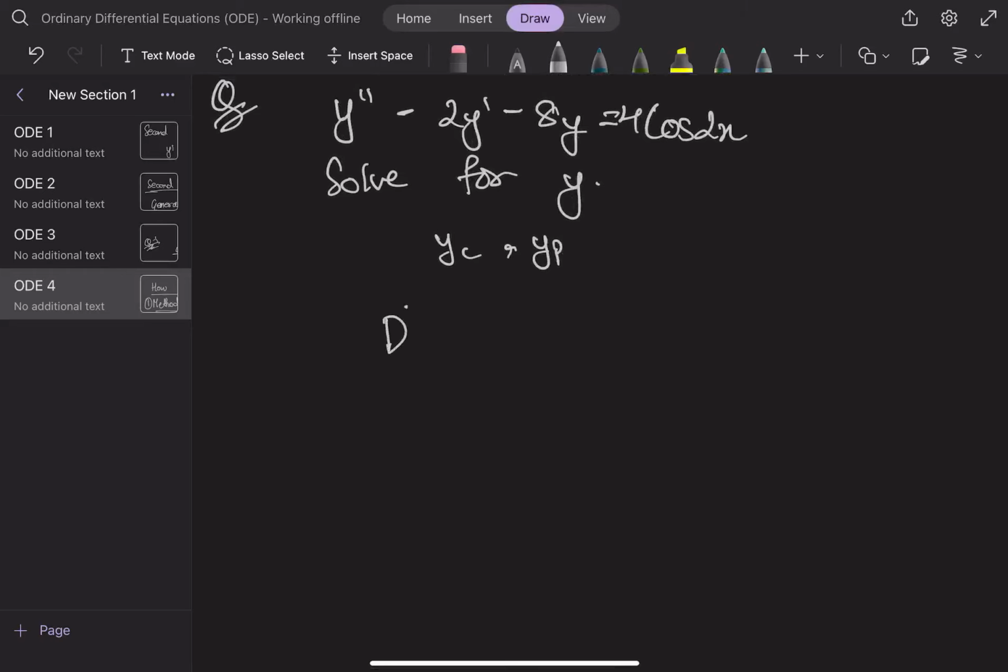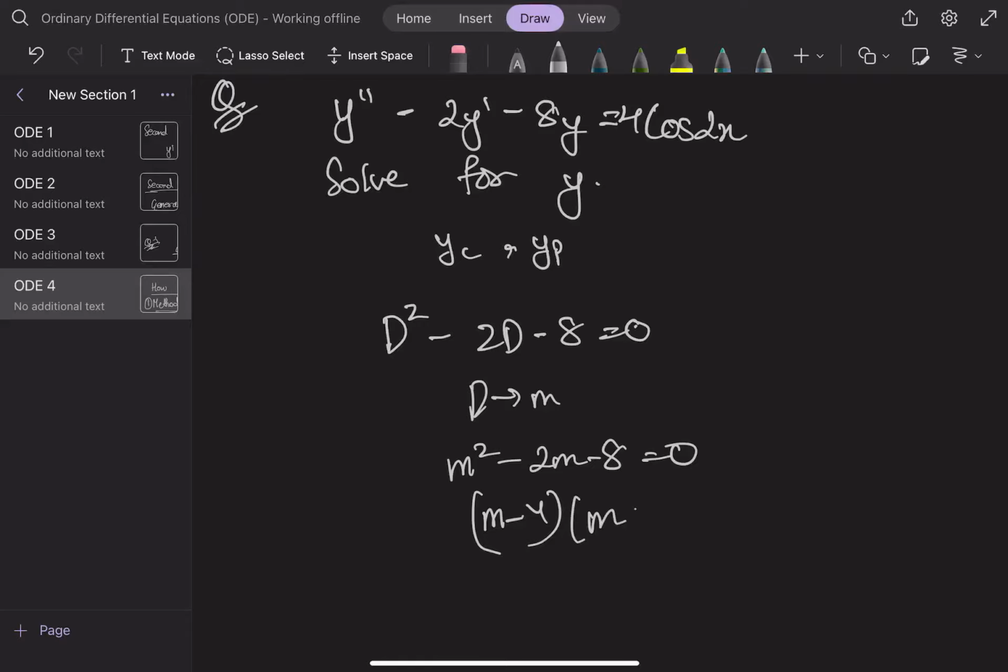So D squared minus 2D minus 8 is equal to 0. Replace D with m: m squared minus 2m minus 8 is equal to 0. So this is (m minus 4) times (m plus 2) is equal to 0.